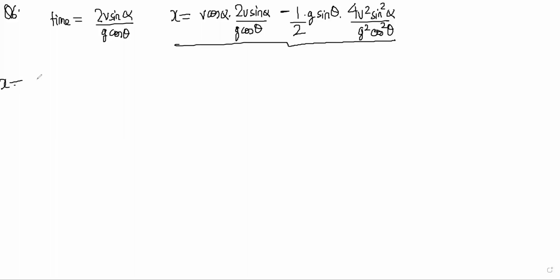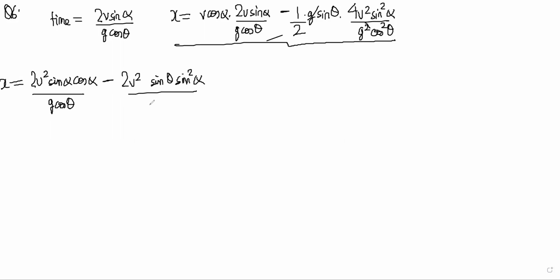So x is becoming v square, and this is v square 2v square sine alpha cos alpha by g cos theta, minus this is 2v square, and g comes in the denominator, sine theta sine square alpha by g cos square theta, right?